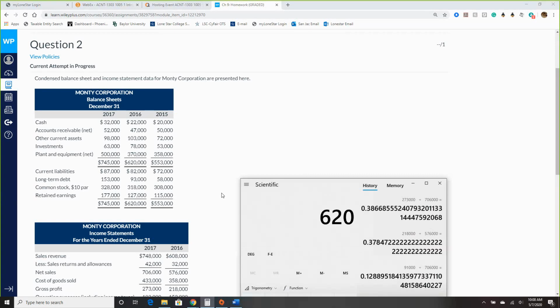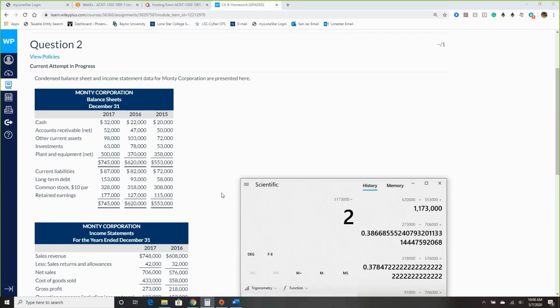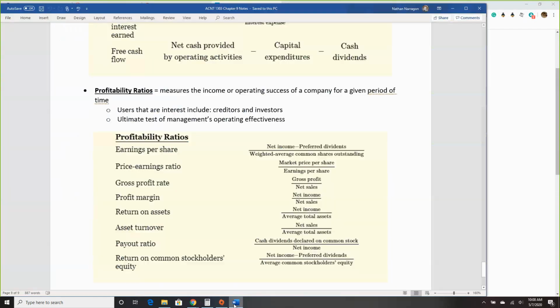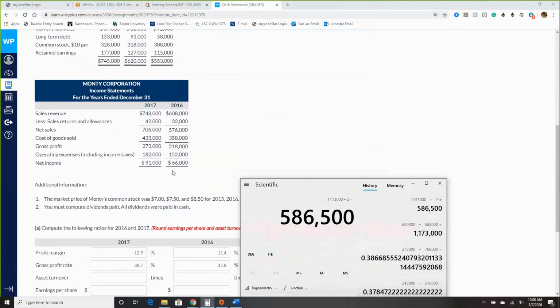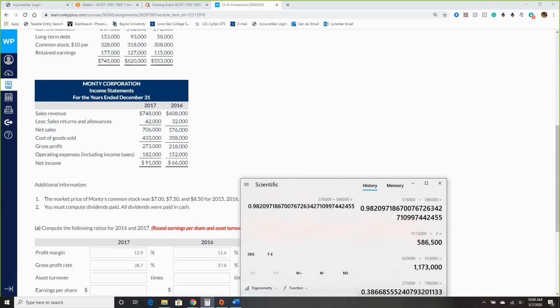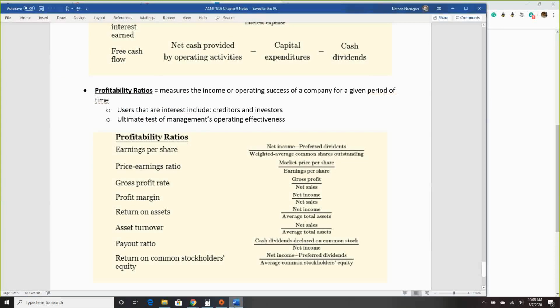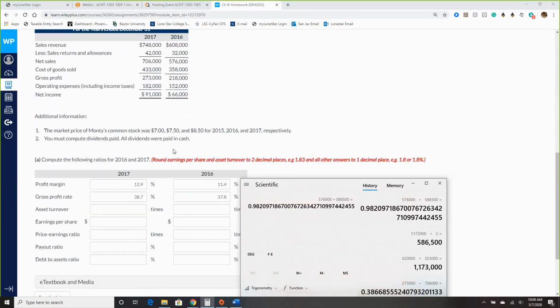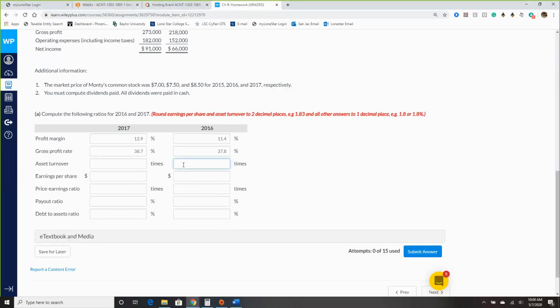We have 620 plus 553 divided by 2. That's 586,500. And now we have to take our net sales, 566 divided by 500. Average total assets. Okay. So 0.98 times.